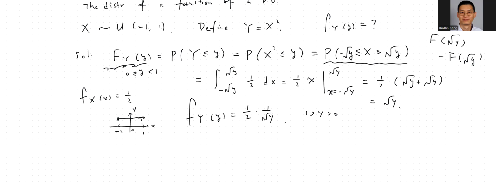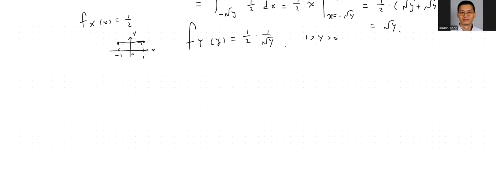So let's introduce the theory. Suppose we have a random variable X, which has a density f sub X of little x. And then we define a new random variable Y, which is a function of X. For the theory, we define little g to be increasing or decreasing.